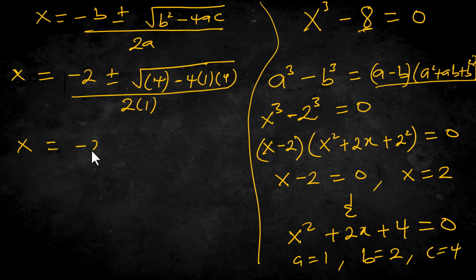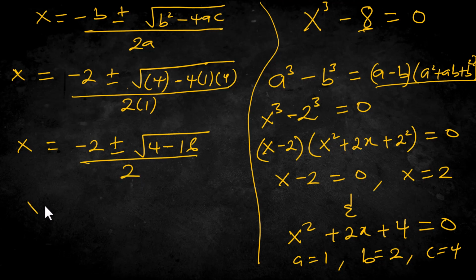So we have minus 2 plus or minus the square root of 4 minus 16, over 2. So my x is minus 2 plus or minus the square root of minus 12 on 2.